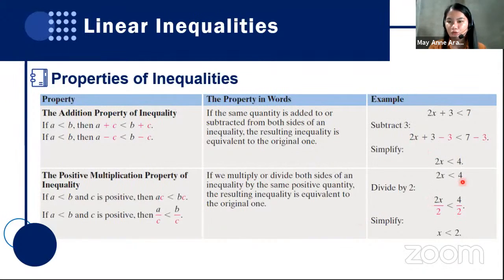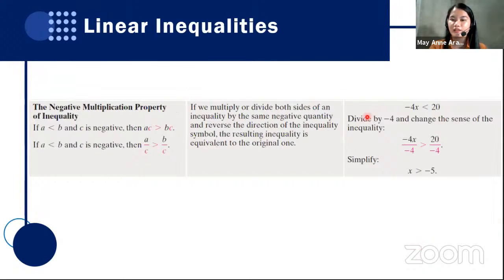Let's focus on the important part. So it's the same as with the equation, no? But once we divide by a negative number, we will change the sense of the inequality. Unlike in the equation, there is no change because it is only equal.